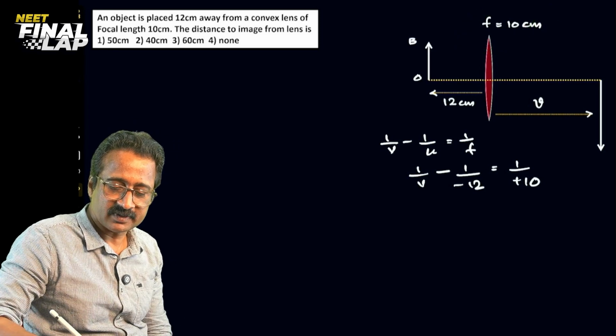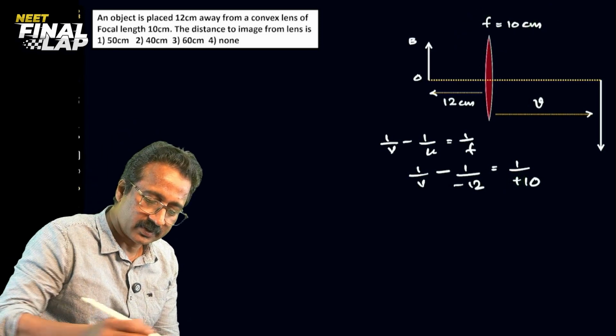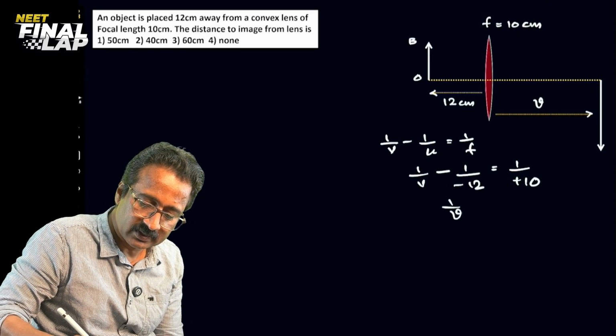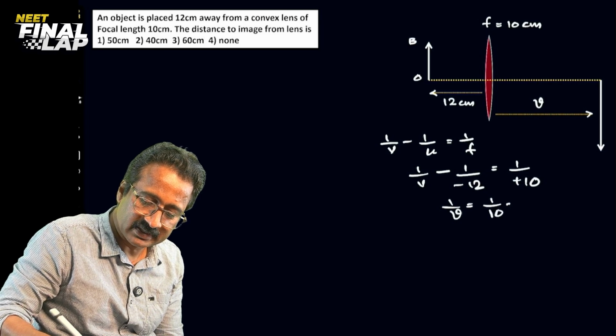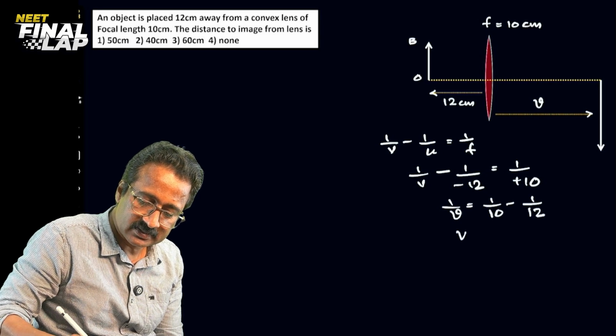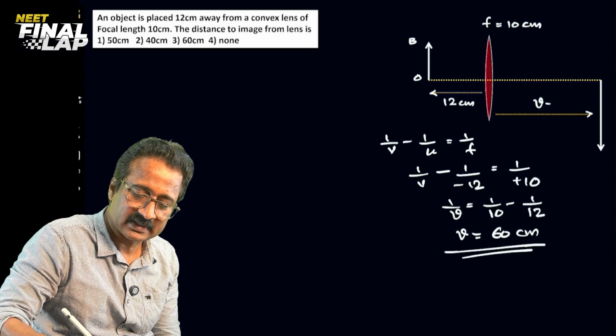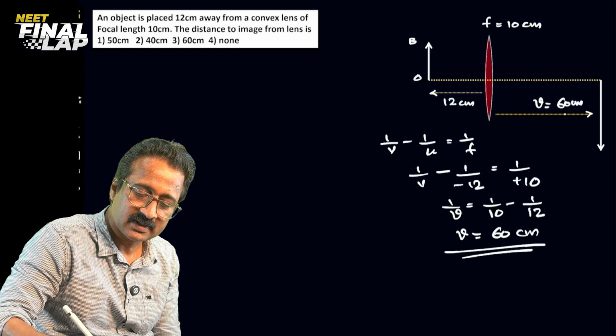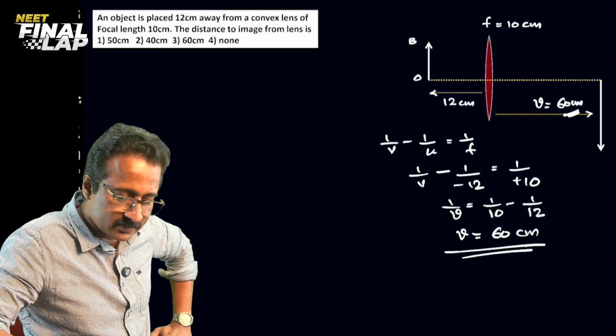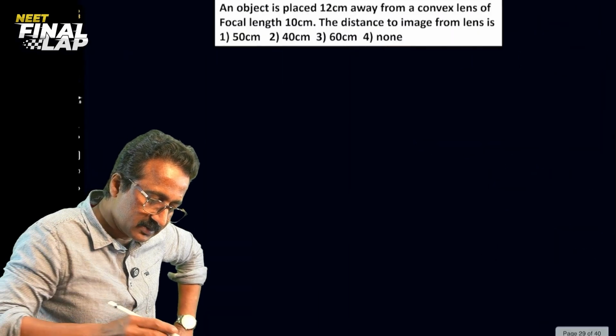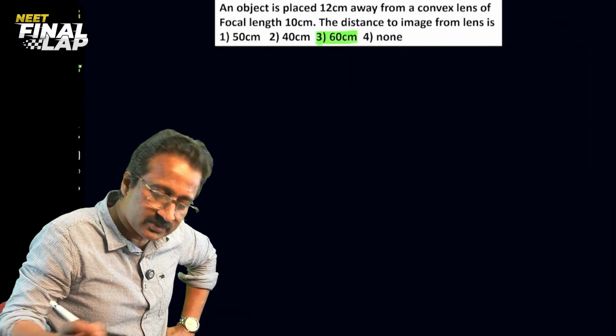Whenever the lens is convex, focal length will be positive. Okay, simplifying this, you'll get 1 by v. It will be equal to 1 by 10 minus 1 by 12. Yes, this solving, you'll get v as 60 centimeter. So we get this as 60 cm. This is how we solve questions using distance formula. So your answer is 60. I'll go with option 3.